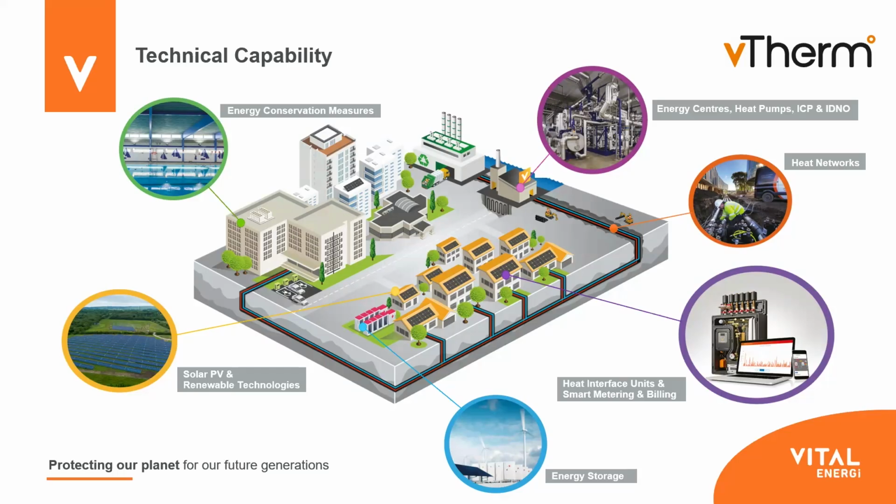Energy storage, so battery storage facilities, solar PV and renewables, so large solar farms. It's not your individual house one, but it's large scale. And then, of course, energy conservation measures. So we're talking about our ESCOs, where we would probably deal with anything for 20, 30, or even 40-year ESCO facilities.